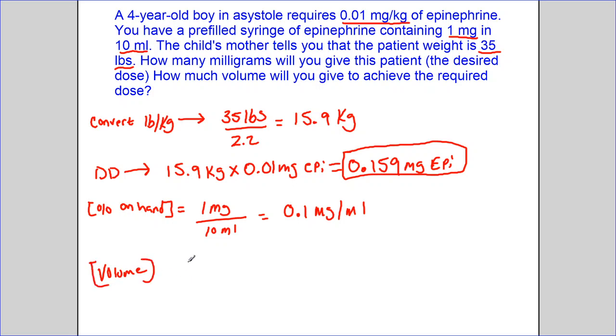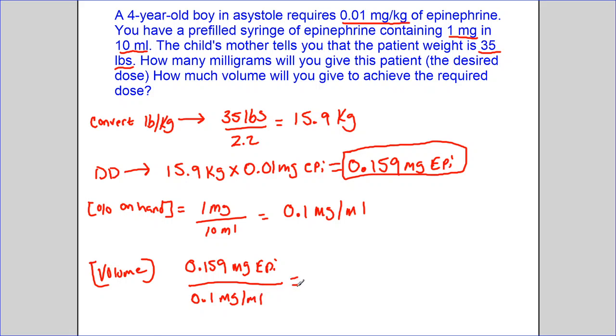Volume is going to be our desired dose again, which is 0.159 milligrams epi, and we're going to divide that by the concentration on hand, which is 0.1 milligrams per mL.